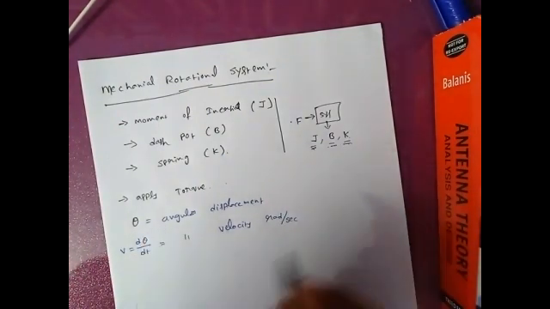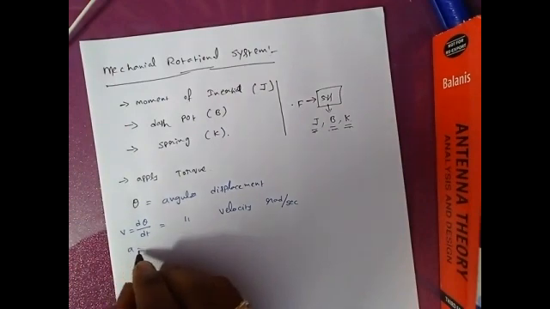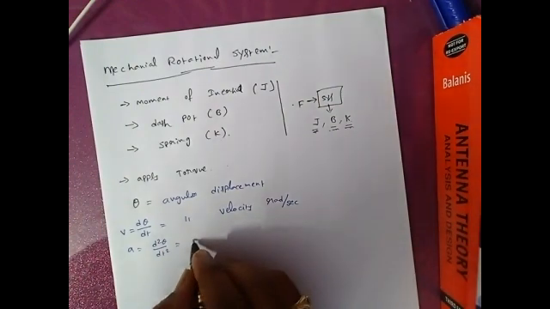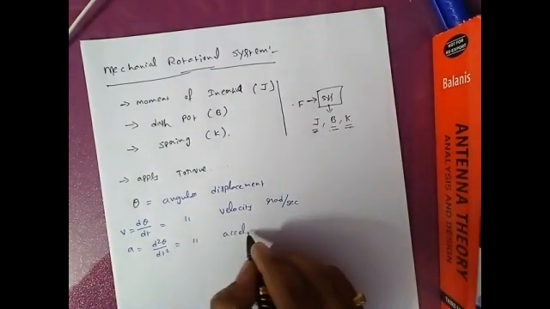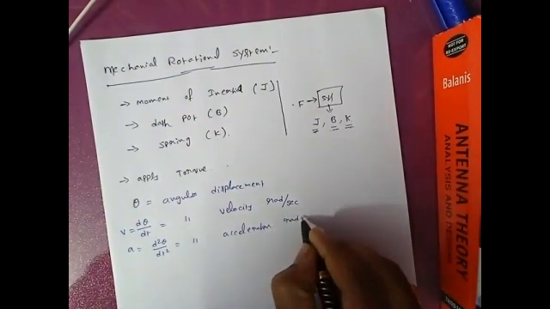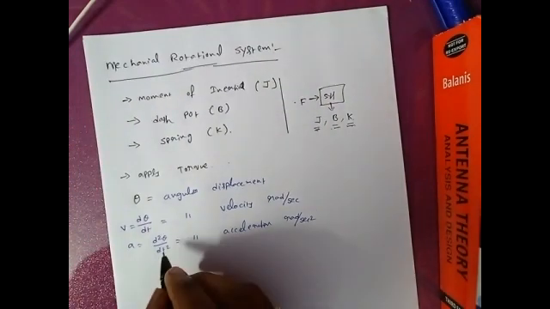In translation systems, it was meters per second; now it is radians per second. The next one is acceleration, that is d square theta by dt square, which is angular acceleration. The units for this are radians per second square.